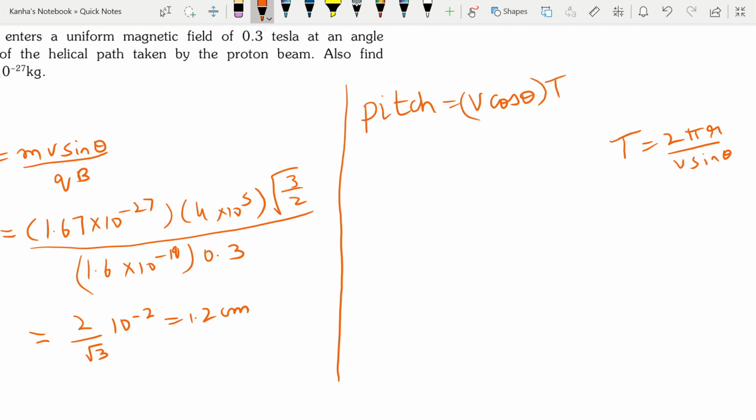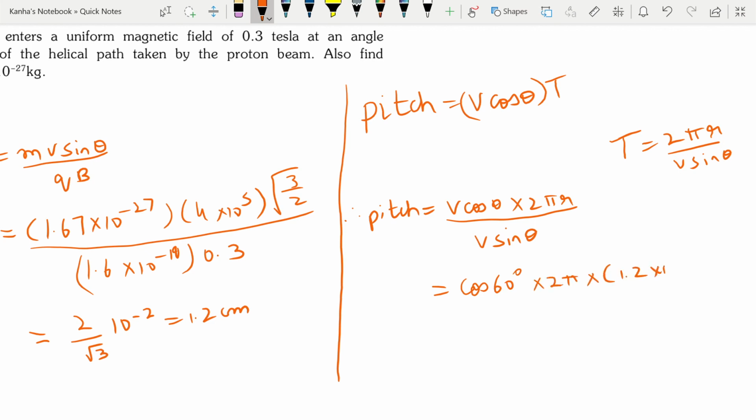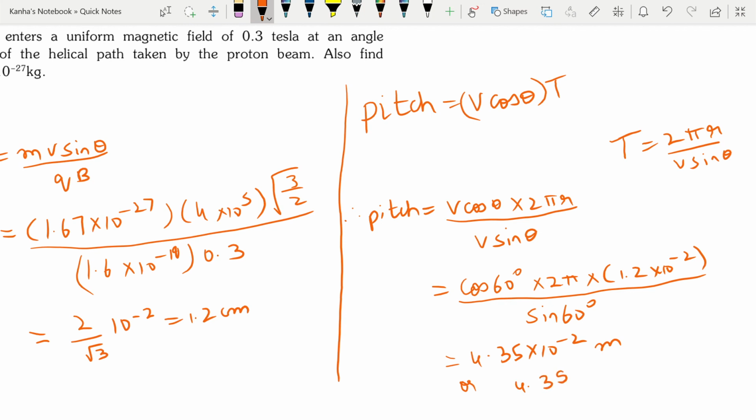Thus I can write my pitch to be equal to v cos theta into 2 pi r divided by v sin theta, which is nothing but cos 60 degrees into 2 pi into 1.2 into 10 to the power minus 2 divided by sin 60, which turns out to be 4.35 into 10 to the power minus 2 meter, or 4.35 centimeter.